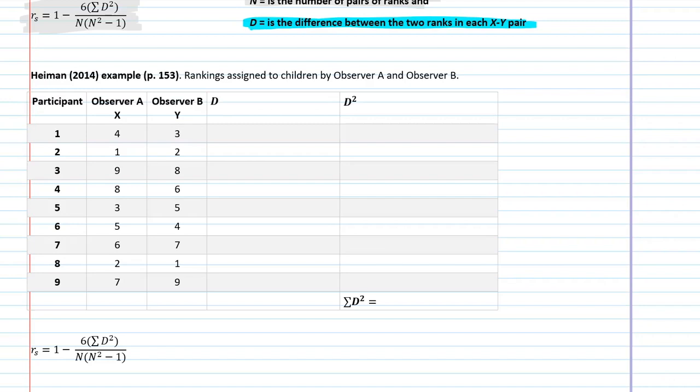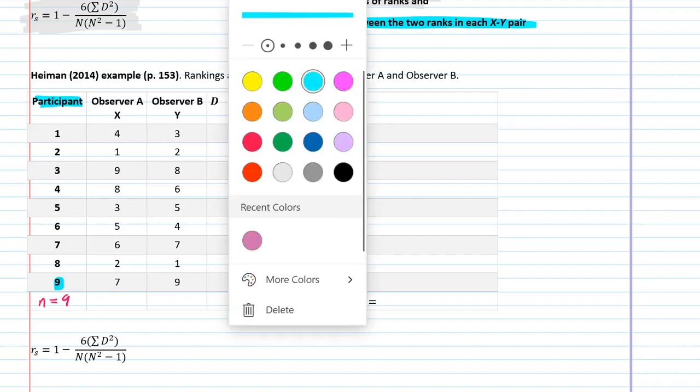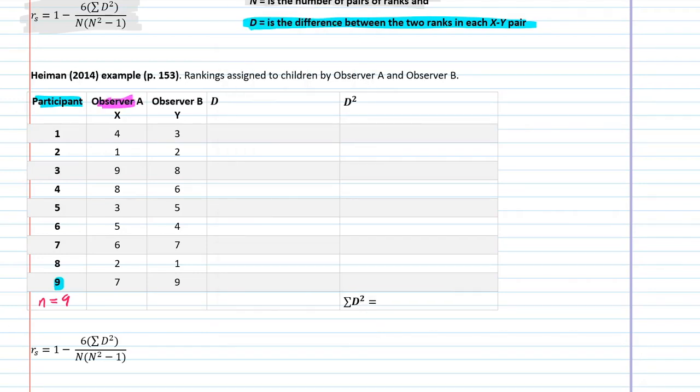Okay, so I have my participants. My N is going to be 9. Then I have the observer A rankings. I don't need to add those. Then I have my observer B rankings, which is going to be the Y. Again, I don't have to add those. What I do have to do is find the difference.